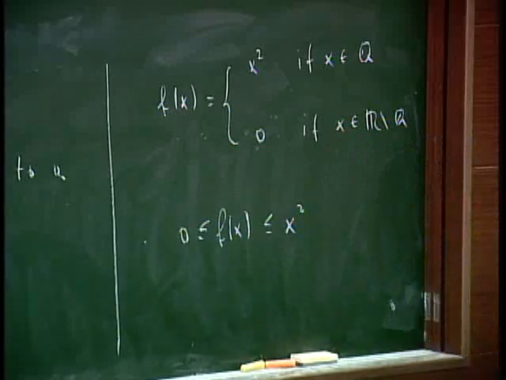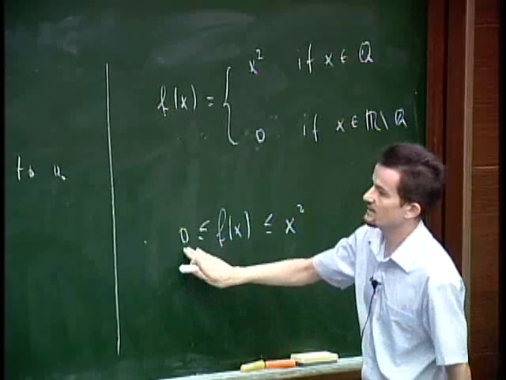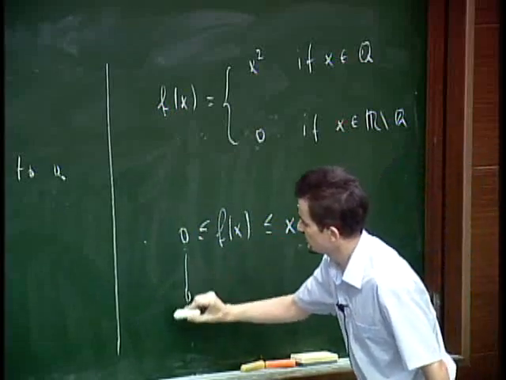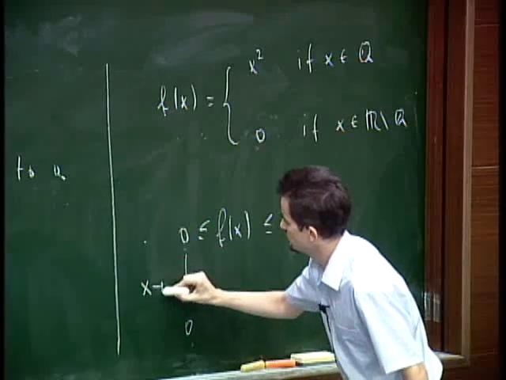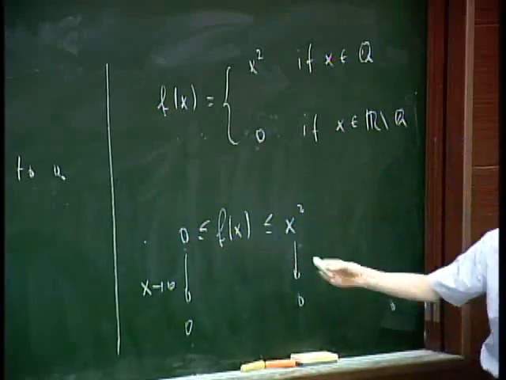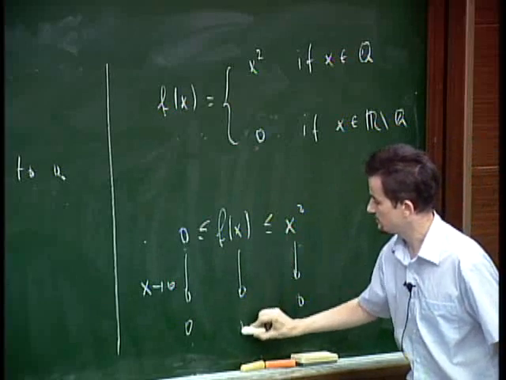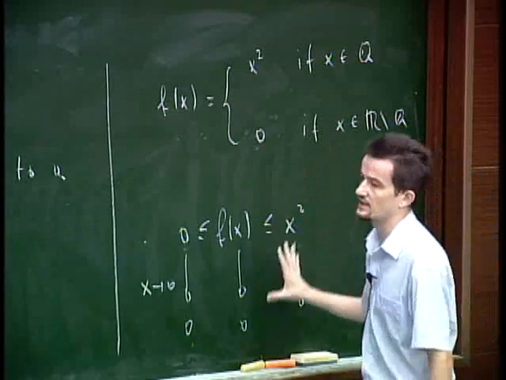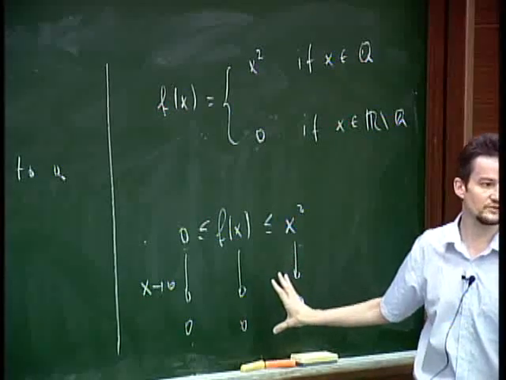Now you see that this is our f of x, this is our h of x. This tends to 0 as x tends to 0, and the other tends to 0 as well. So for f of x, the limit must exist and be equal to 0. You do not have to use the epsilon delta definition anymore. Even though the function is more complicated, this is maybe the easiest way to see it.